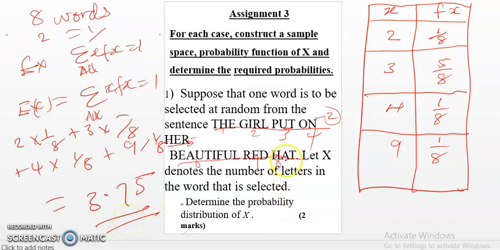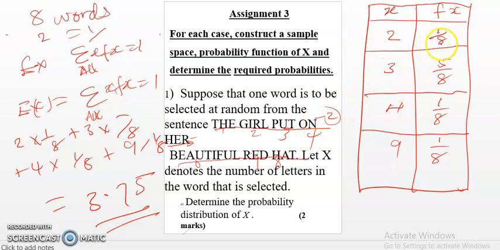So first of all, we need to analyze the information that we're given. The sentence "The girl put on her beautiful red hat" has 8 words, but how many letters are in each of the words? The one that has 2 letters appears only once.